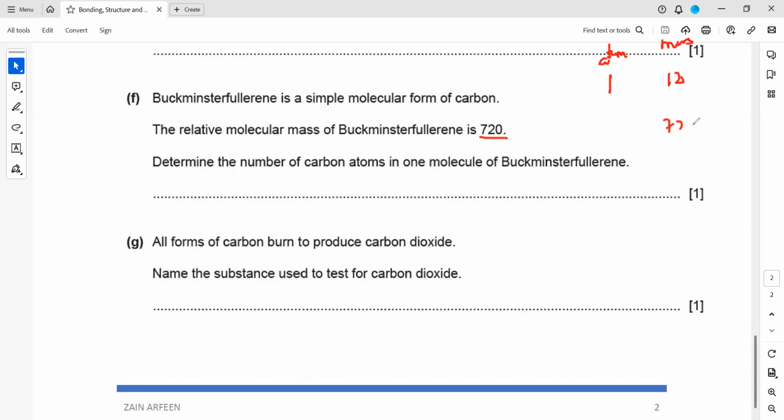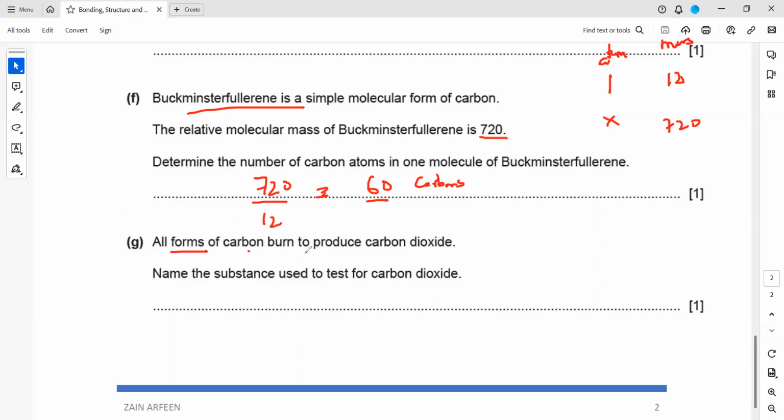So if we need a mass of 720, how many carbon atoms do we need? Divide the total mass by the mass of one carbon: 720 divided by 12 gives 60 carbon atoms. So in this fullerene there are 60 carbon atoms, which is why the total mass is 720.